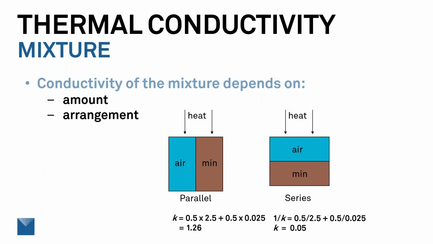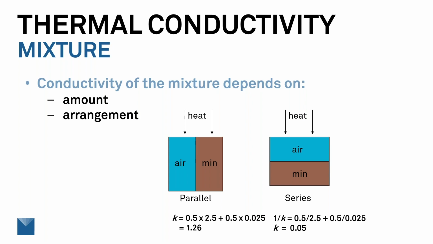Now, to illustrate what I'm talking about with that question, here's an extreme example of that. Assume we have a mixture of air and marble that each takes up half of the total volume. Now, we could arrange these in different ways. On the left, we have the air and marble paths in parallel.